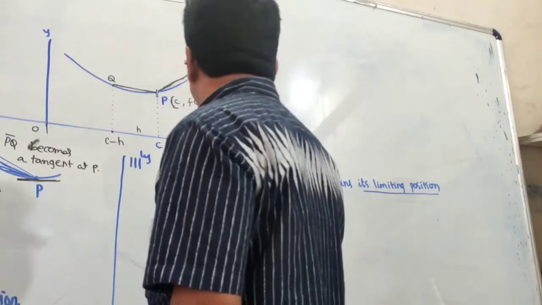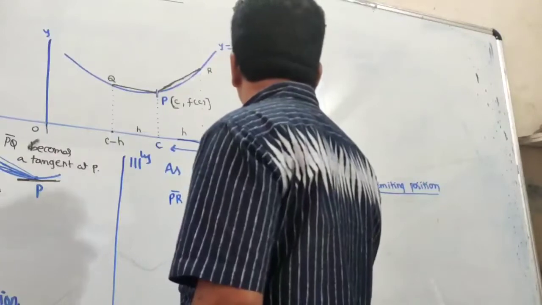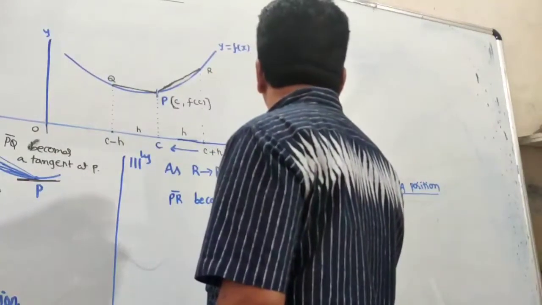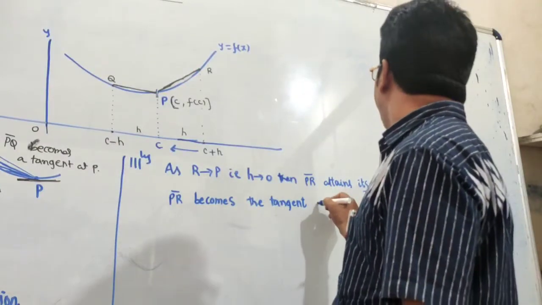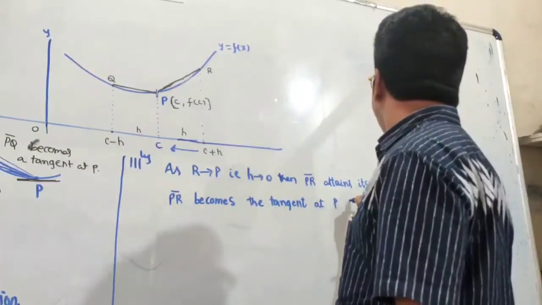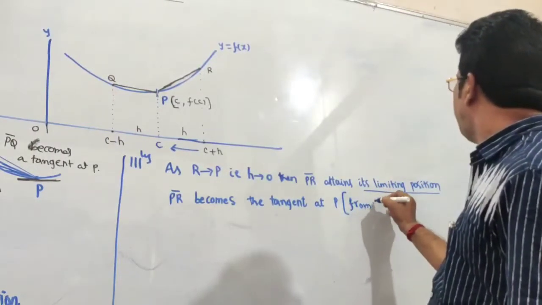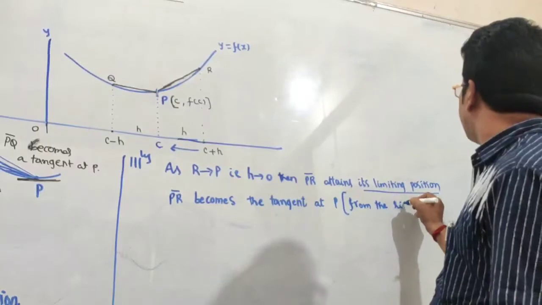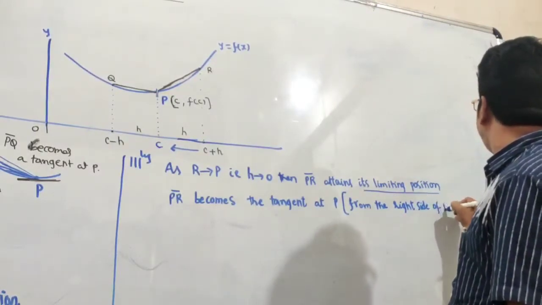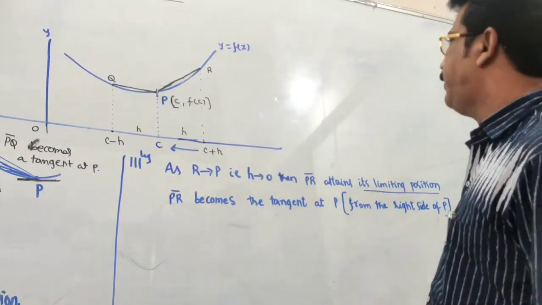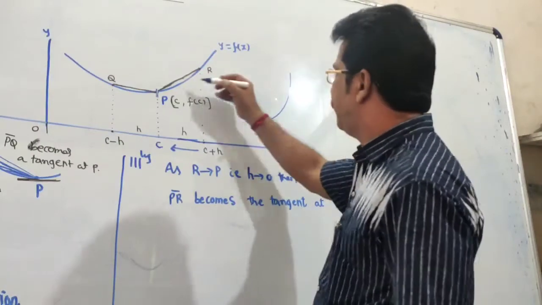PR bar becomes the tangent at capital P, from the right side of capital P. Suppose it is like that.